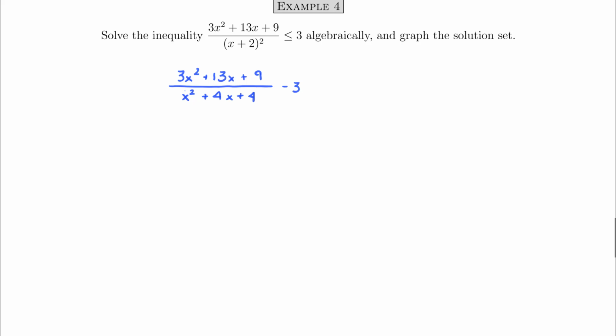And then we're subtracting 3 from that, and we're seeing that it's going to be less than or equal to 0. Now, in order to combine that rational expression minus 3, we have to get a common denominator. So we're going to take that negative 3, and we're going to find a way to write it over the common denominator to make this easy to work with.